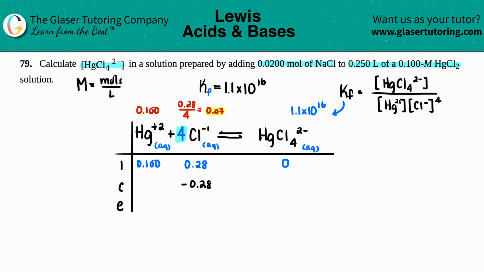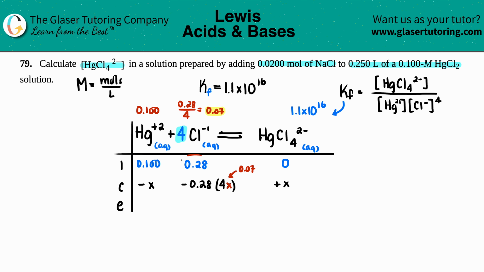But keep in mind that the x value is just 0.07. So maybe I'll just put that in parentheses. So this would have to be minus x, and this would have to be plus x. But since we know what that x value is, we know that the x value is 0.07 because we had 4 moles of it.